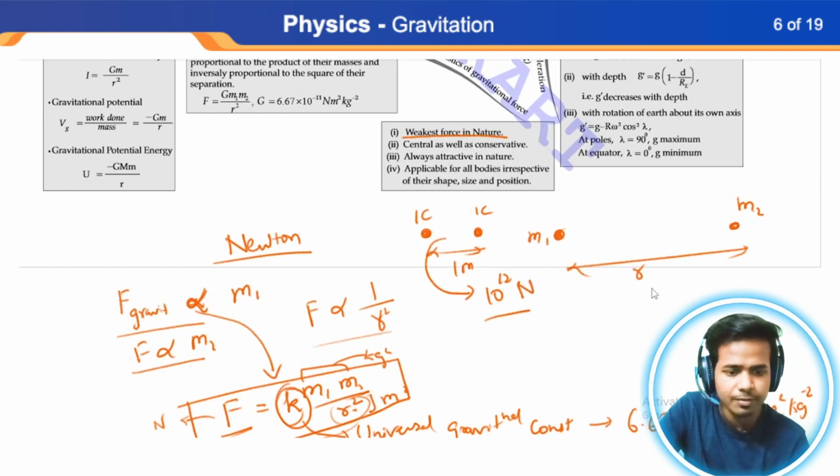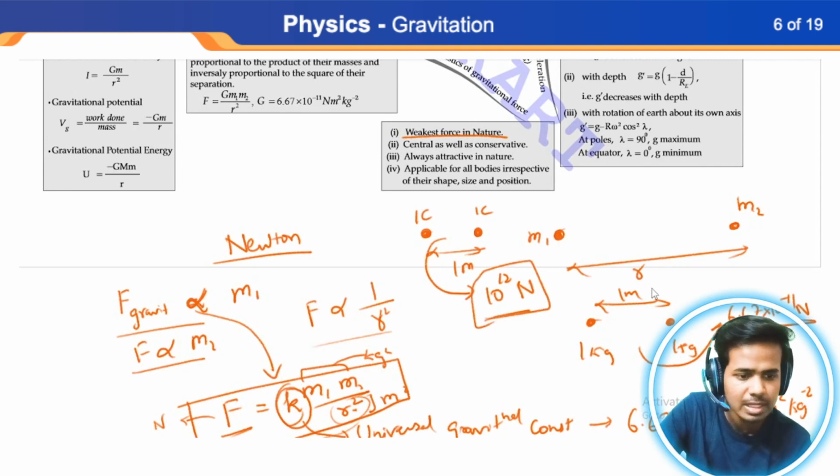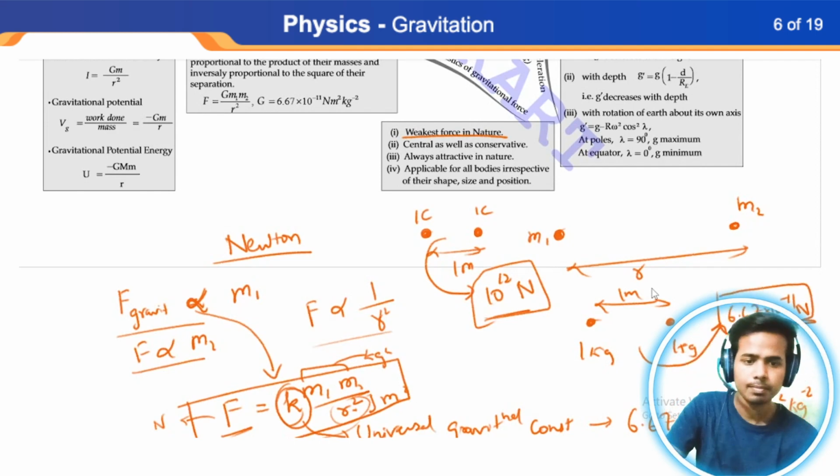And in the same manner, if you have two bodies of 1 kg each separated by a distance of 1 meter, then the attractive force between them is going to be just around 6.67 into 10 to the power minus 11 newton. Do you understand the difference of scale between both of these? This is why gravity is called one of the very weakest forces in nature.